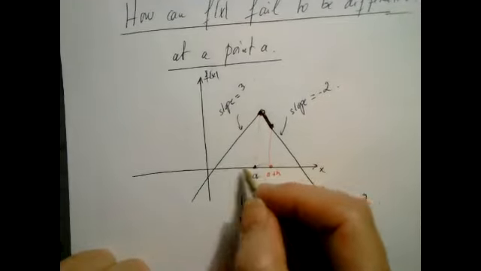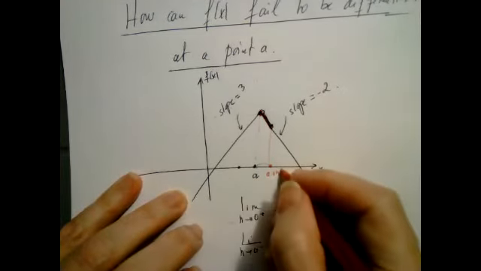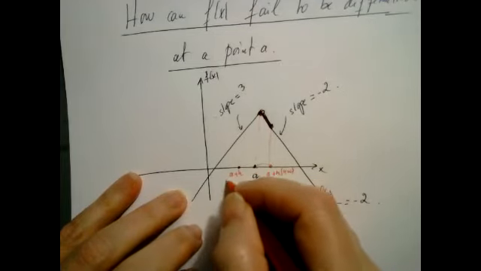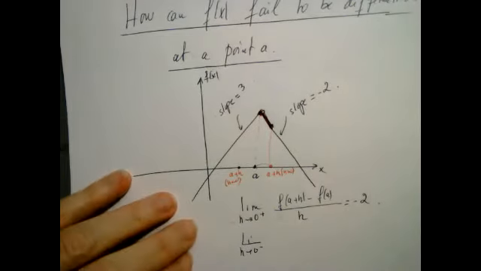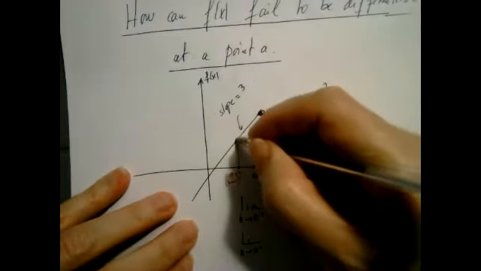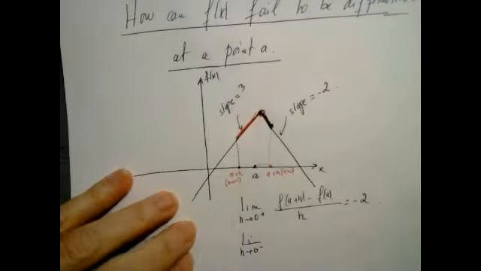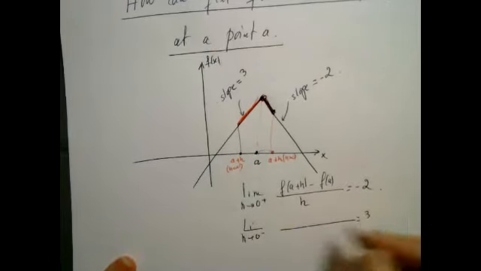I'm taking a and taking something away from it, because h is negative. So in this case, the slope of the secant line is going to be equal to 3.